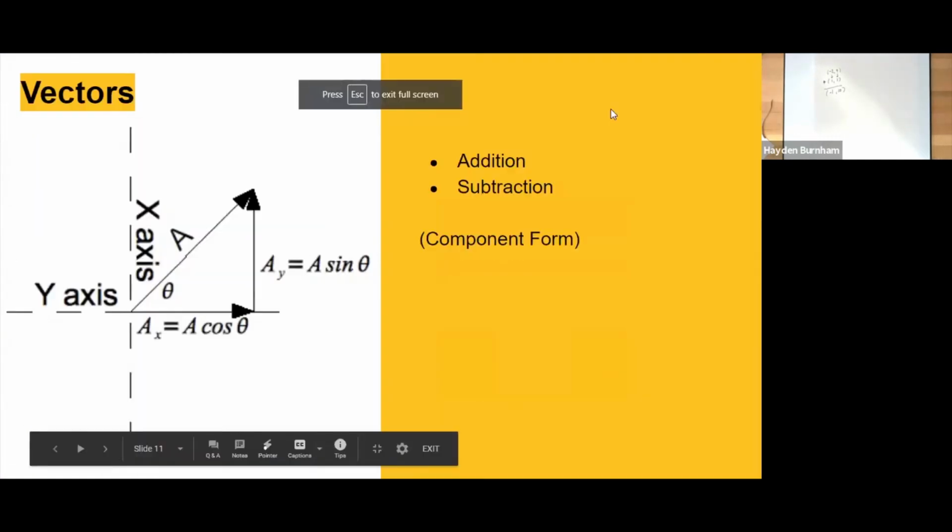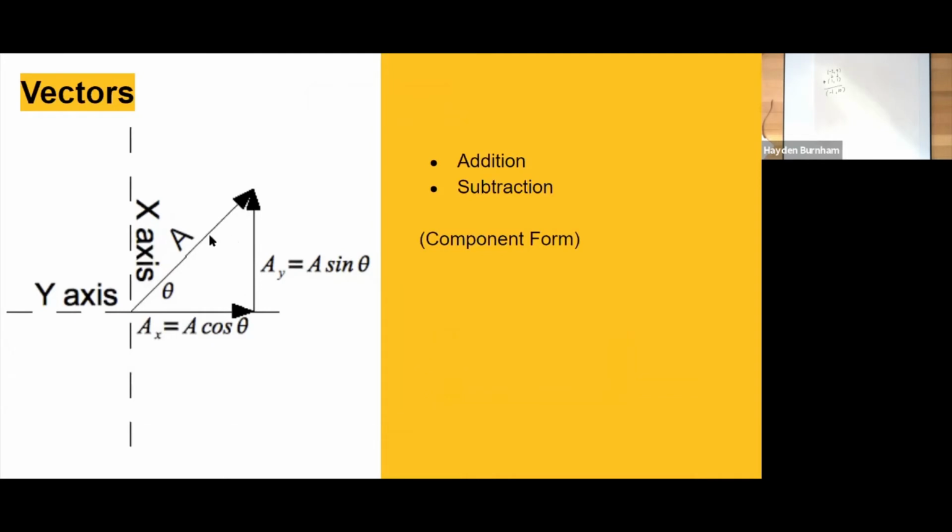Okay. So you're given vectors in terms of magnitude. You'll be given a vector, and you'll be told its length, which would be A in this picture. But it doesn't tell you how far in the x or in the y direction. It will also give you the angle of that vector.